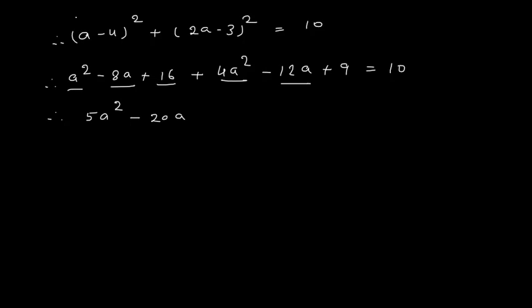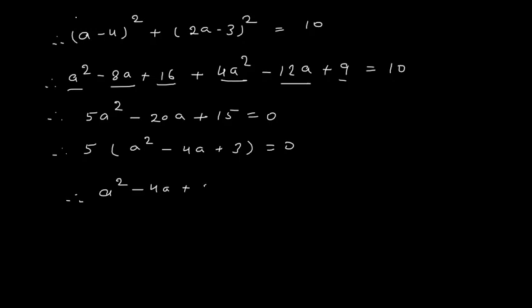Here, plus 16 plus 9 minus 10, so this 10 comes to the left side and it becomes plus 15, and the whole thing is equal to 0. I can take 5 common, so it becomes a square minus 4a plus 3 equals 0 upon 5, which is 0.